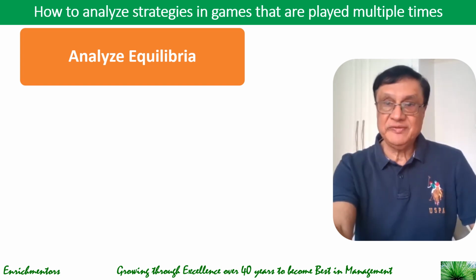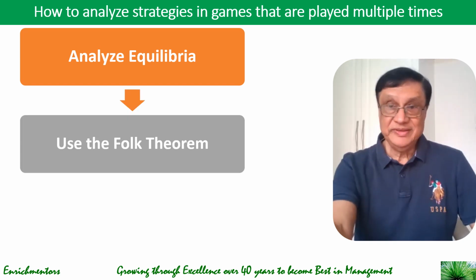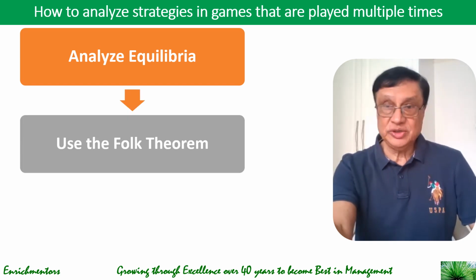You determine here if cooperation and defection can be sustained as an equilibrium strategy using concepts like Nash equilibrium and SPE, subgame perfect equilibrium, in which you ensure that the strategy is in equilibrium at every subgame in a repeated game. Then you can also use the Folk theorem. In infinitely repeated games, the Folk theorem states that any feasible payoff that is better than the min-max payoff, the worst-case scenario, can be sustained as an equilibrium.